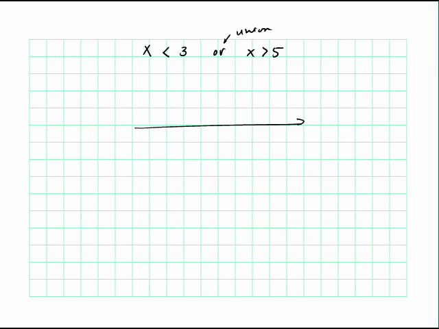Now, just like with the and statements, what I'm going to do is some scratch work first. 3, 4, 5. Okay. X less than 3: all the numbers that are less than 3 are right there. X greater than 5 are these numbers right here.